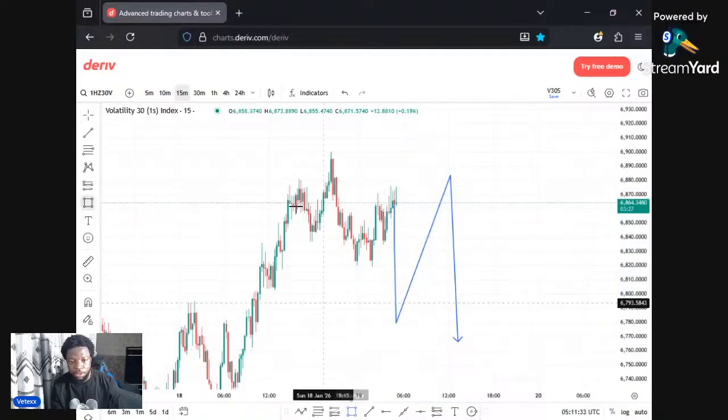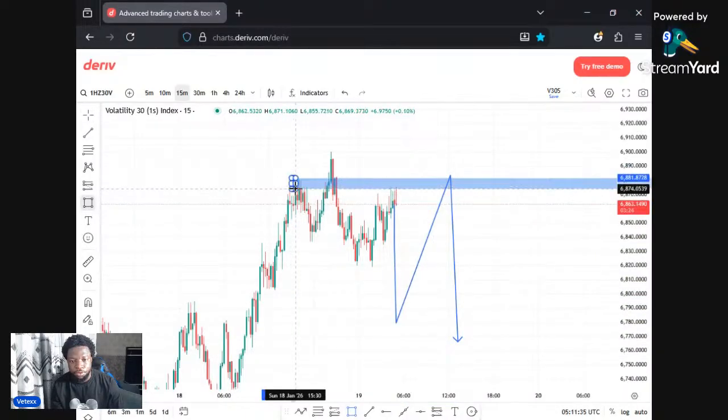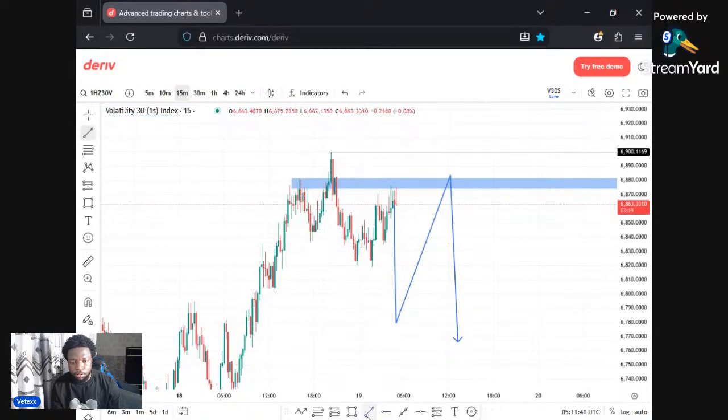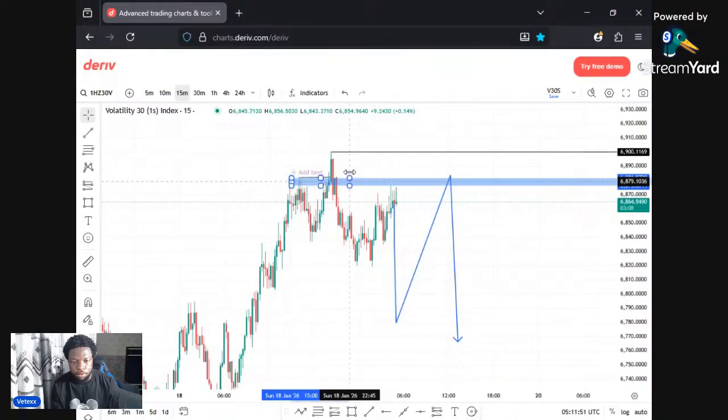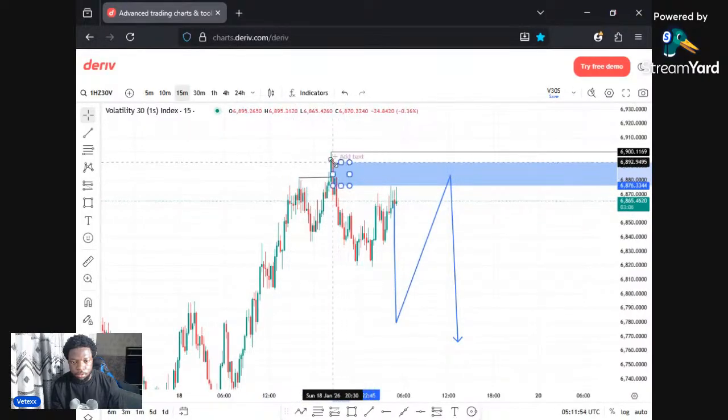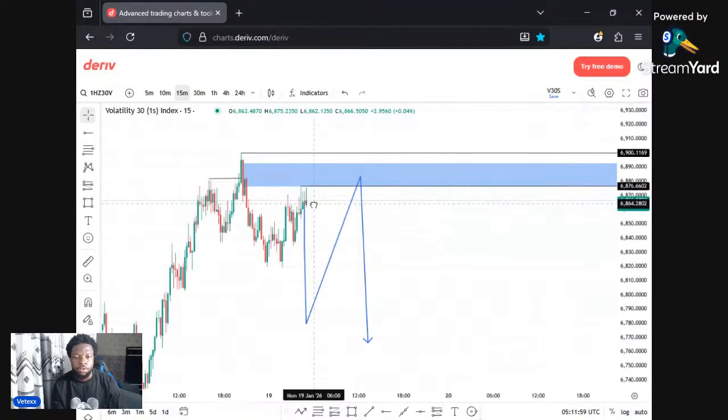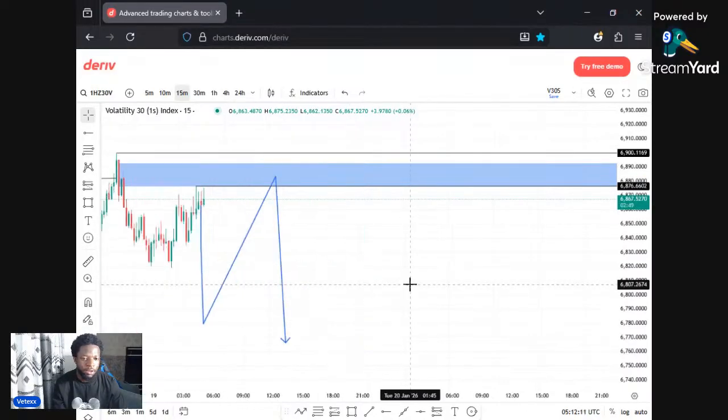So we'll be anticipating this move for price to break this low here and then return back to take out this structural liquidity and continue to the opposite direction.